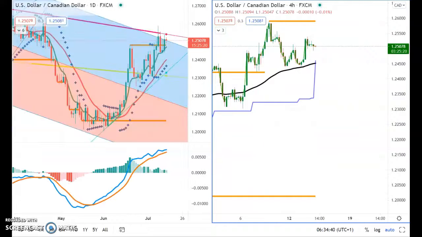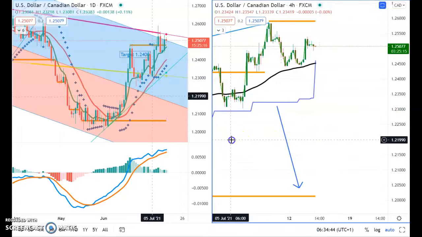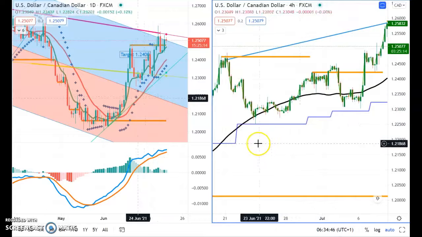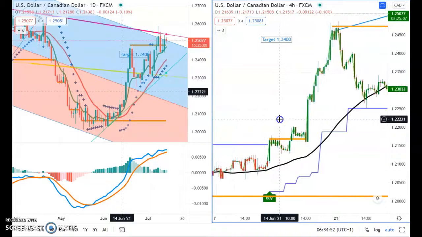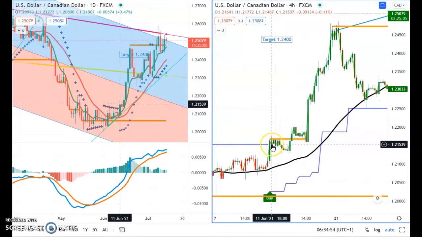US Canadian, this has been a buy in the last few weeks. Surprise, surprise. If euro dollar's going down, US Canadian goes up, etc. So here is another good example of the US Canadian, 121.50 on the 11th of June.